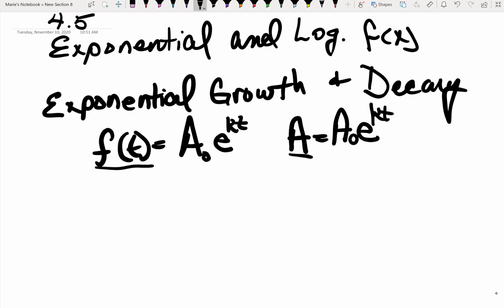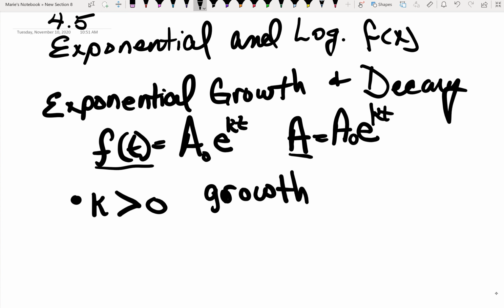So if the value k is greater than 0, then we have a growth or increase of whatever it is, whether bacteria or finances, what have you. And if k is less than 0, then we have decay. We have a declining value or growth model in that case.